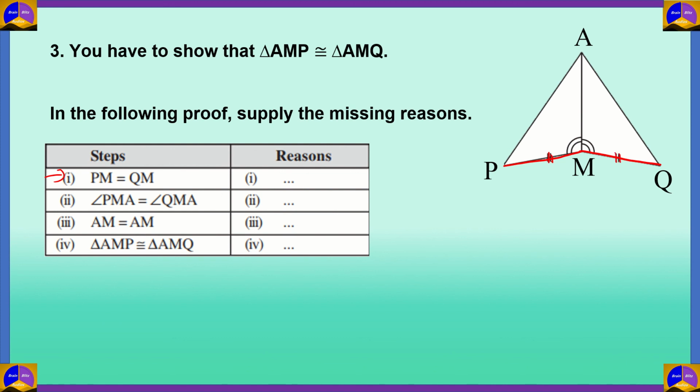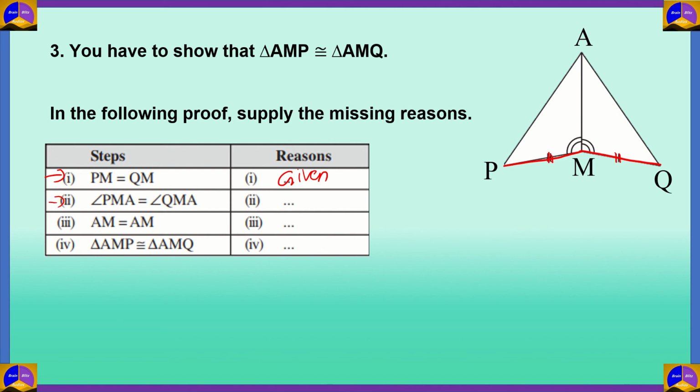Now in QM also we can see two lines, so that means the measurement of PM is equal to the measurement of QM. So the reason for which PM is equal to QM is given, because it's marked with two lines.